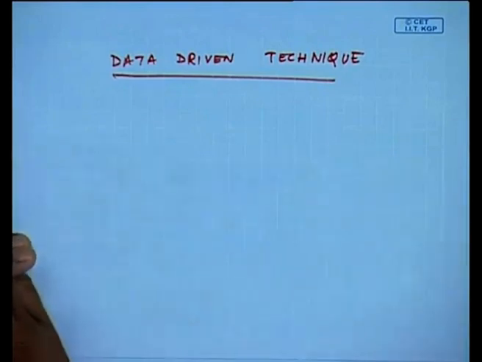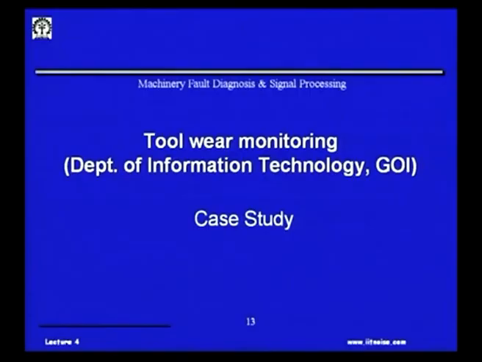So we are going to talk about a tool wear monitoring case study. In fact, this was a project which we did in IIT about a decade ago, and this was sponsored by the Department of Information Technology here.